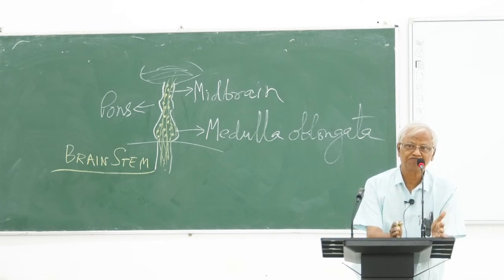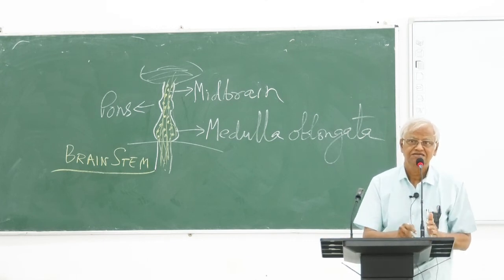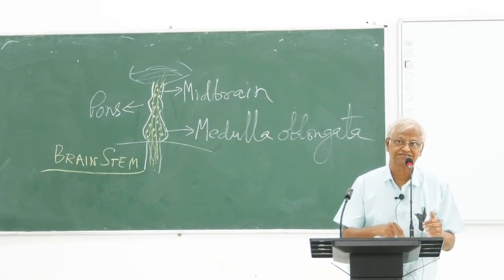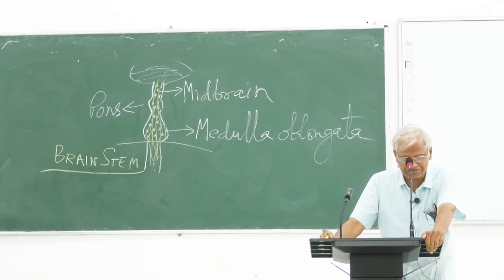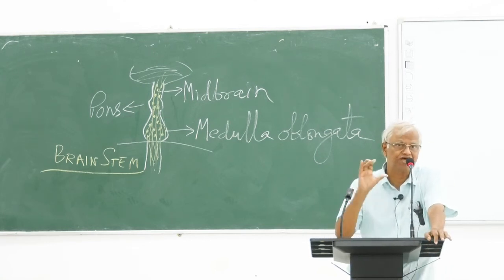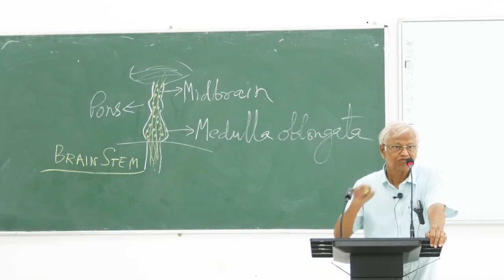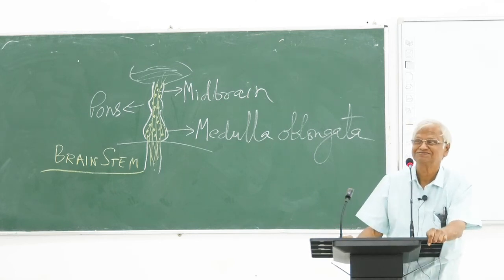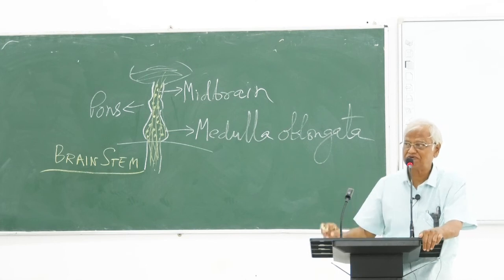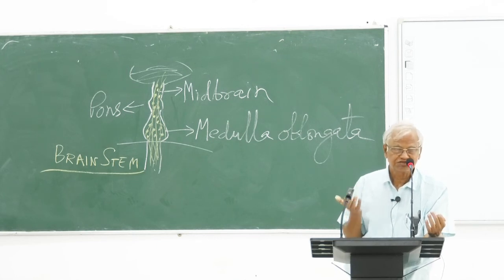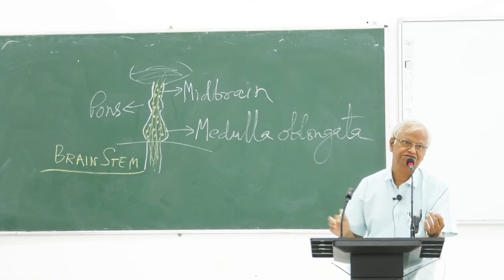So reticular formation plus reticular activating system, or ascending system, plus descending reticular pathway. These three things together form the reticular system. What is its main function? I will come to its functions a little later, but right now remember, its main function is controlling the sleep-wake state.